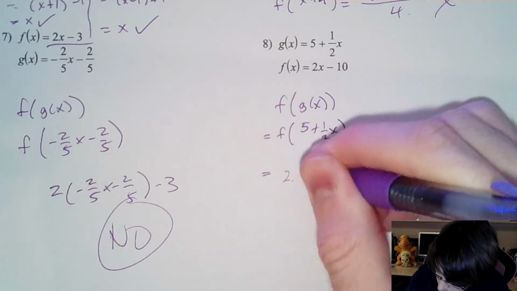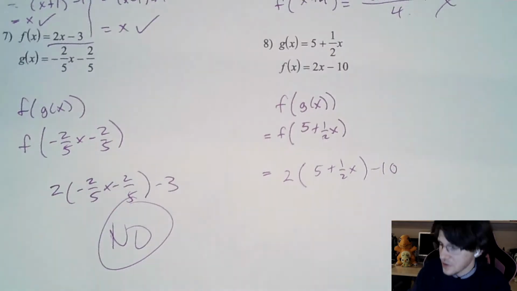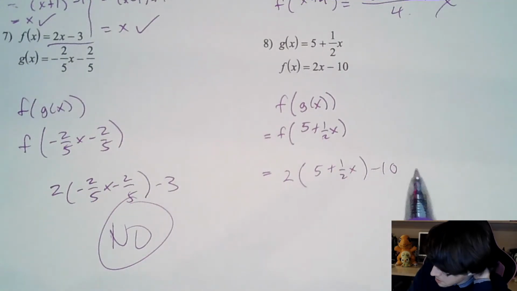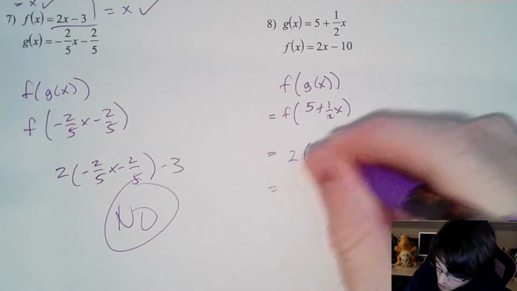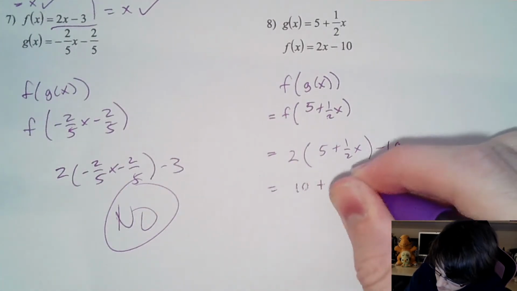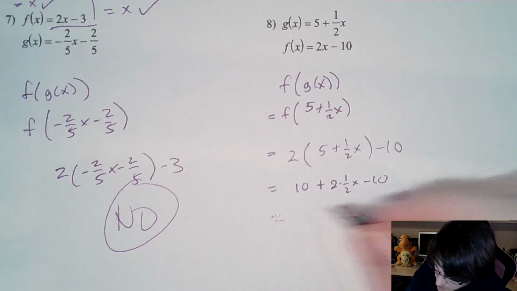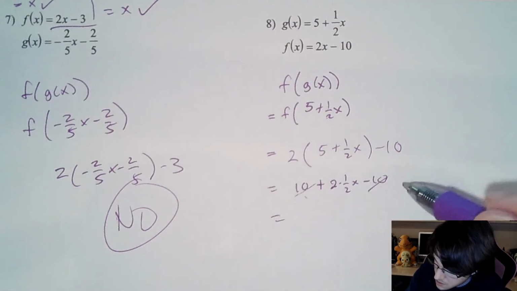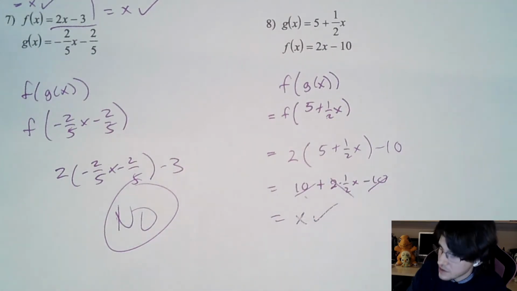So it's going to be 2 times 5 plus 1 half x minus 10. This time, you might be noticing things are going to start canceling out, because 2 times 5 is 10, and then minus 10. Let's check this out. Distribute it out, we get 10 plus 2 times 1 half x minus 10. 10 minus 10 cancels. 2 and 2 cancel. We just get x by itself.